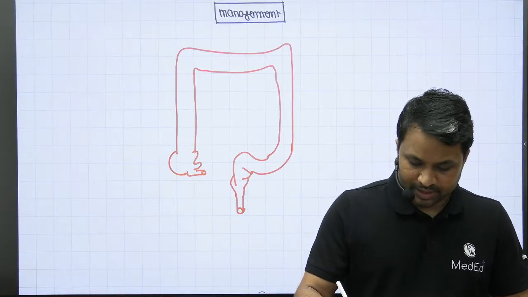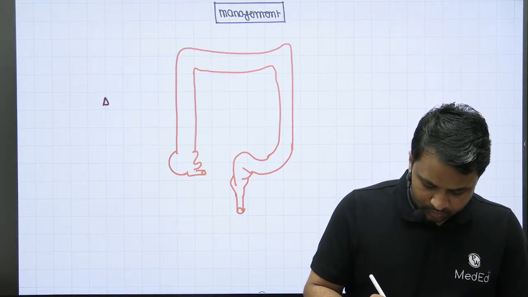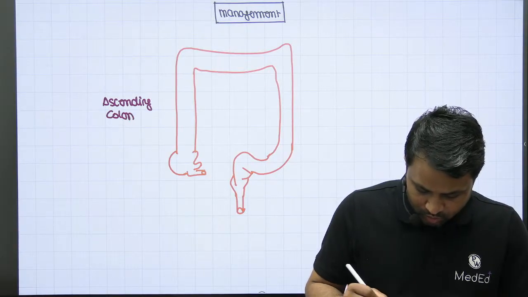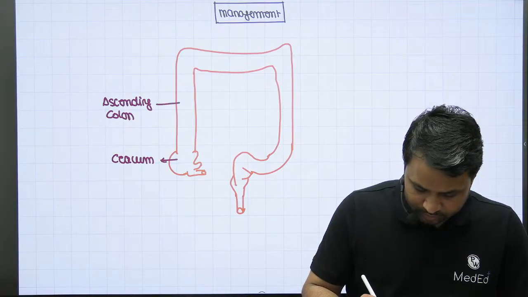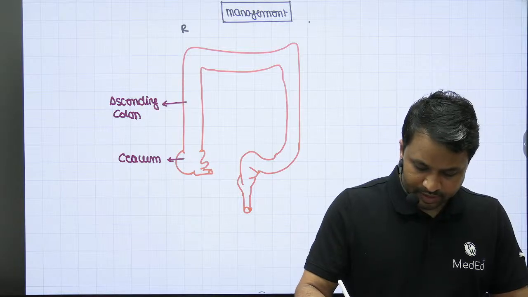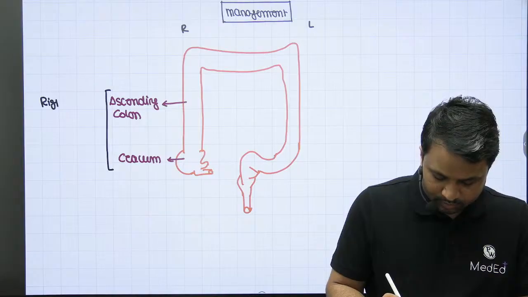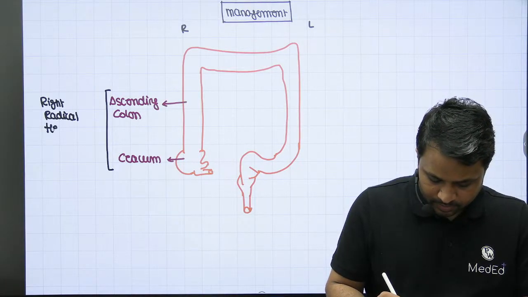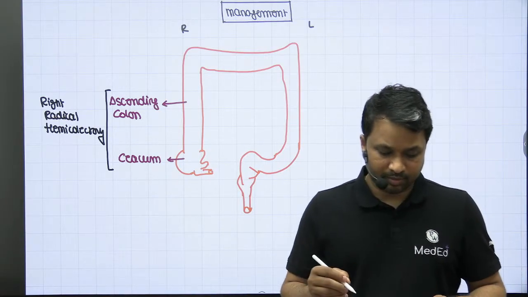Based upon the tumor, if it is in the ascending colon or in the cecum, then it is on the right side, and here it is going to be a right radical hemicolectomy.